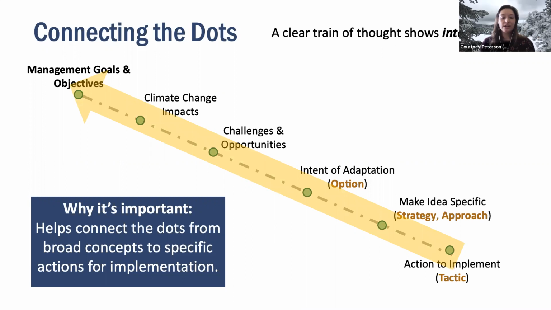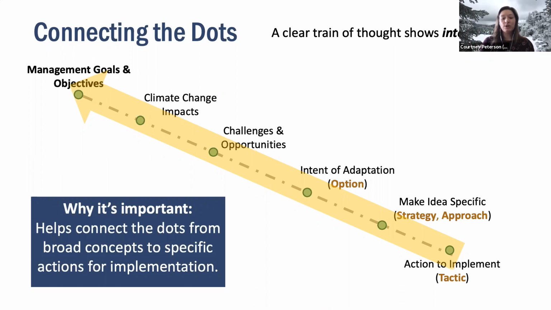As you're thinking about your monitoring plans, our metrics are directly linked to measure the effectiveness of our adaptation tactics, which describe how we're going to implement our strategies and our overall concepts of resistance, resilience, and transition. And then those actions we can trace back to the management challenges and opportunities that we're dealing with and that are directly impacting our ecosystems. And those are what we have identified our goals and objectives for.